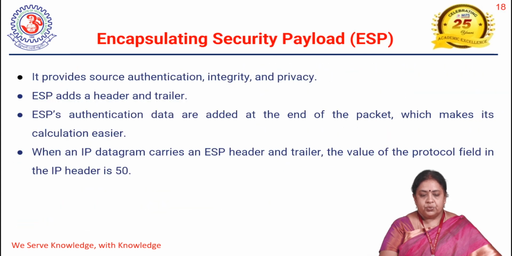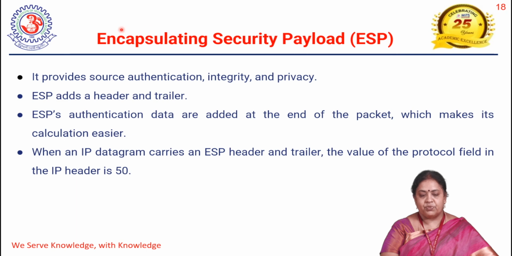And coming to the encapsulating security payload protocol, this is one of the protocols of IPSec. It provides host authentication, integrity, and privacy. That is, the authentication header provides authentication as well as integrity, but privacy is not provided by the authentication header protocol. Privacy can be provided by using the encapsulating security payload.